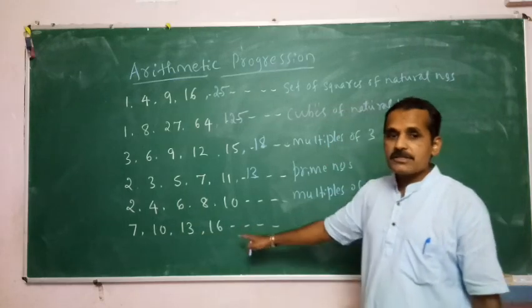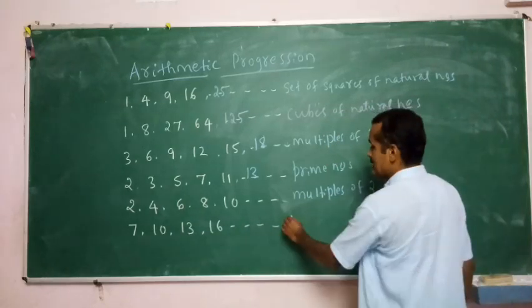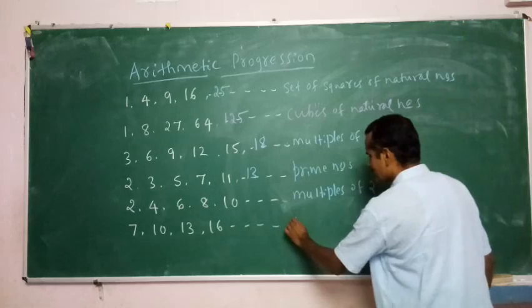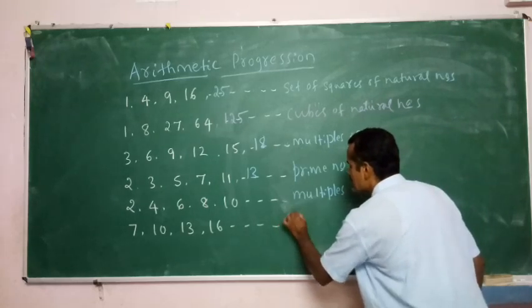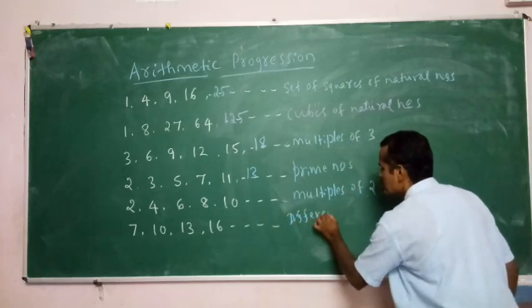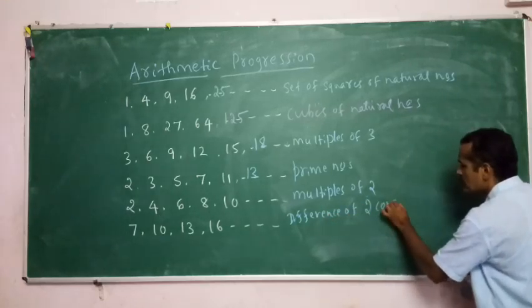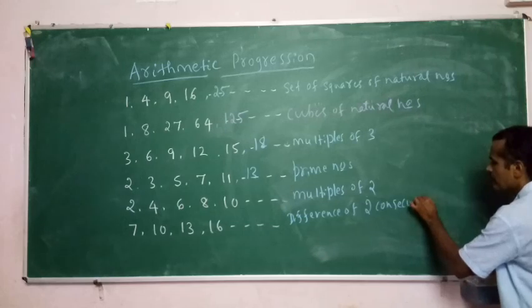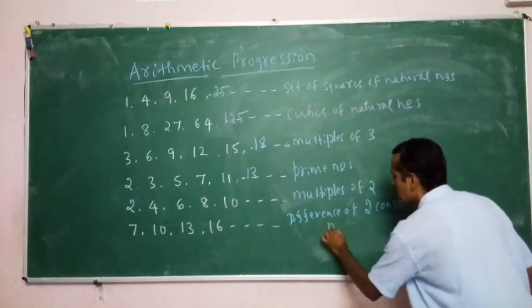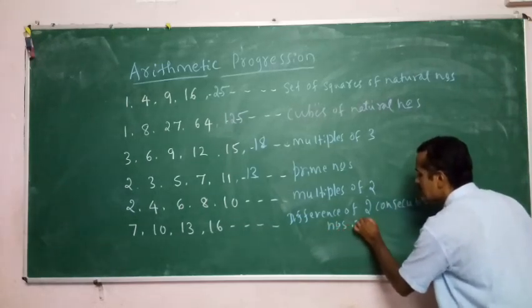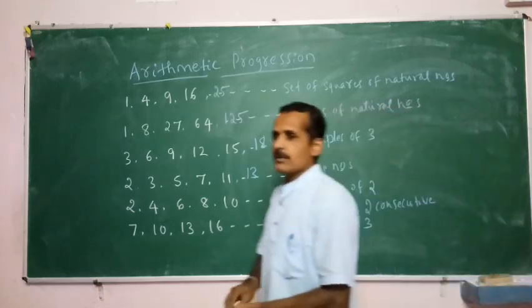What is the relation in this? These have a difference of two consecutive numbers. Difference of two consecutive numbers is 3.